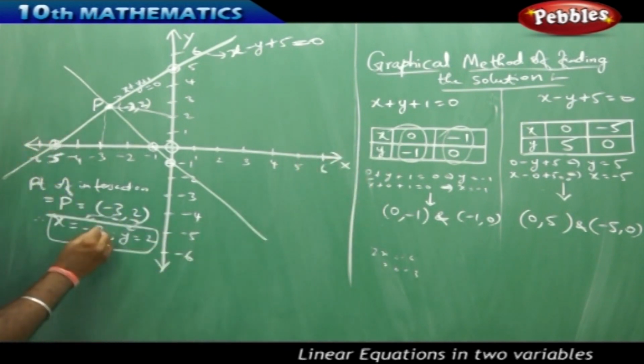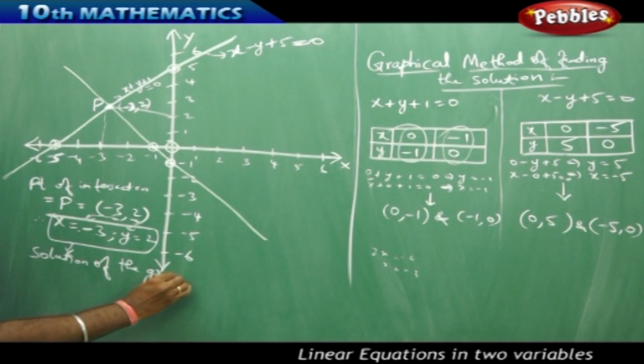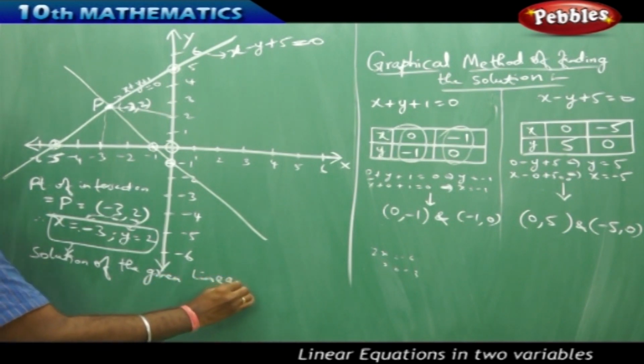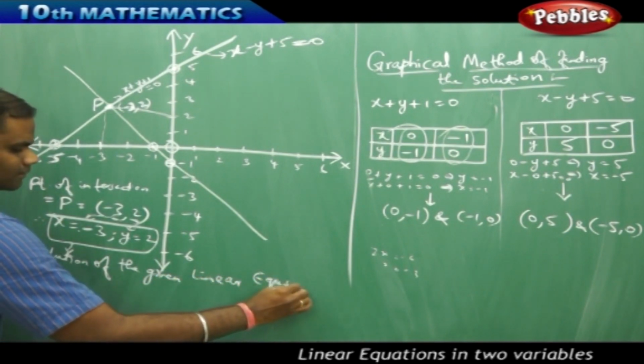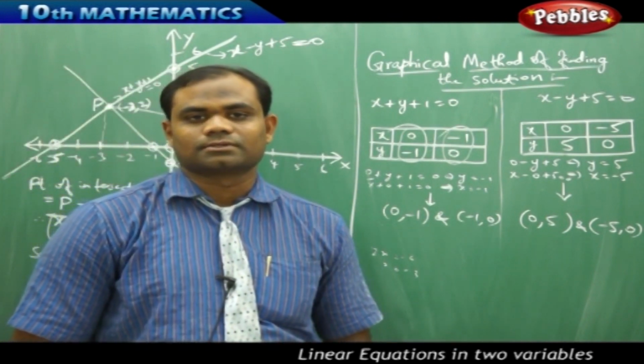So the x coordinate of the point of intersection, which is -3, and the y coordinate, which is 2, will be the required solution of the given linear equations. That is how we get the solutions.